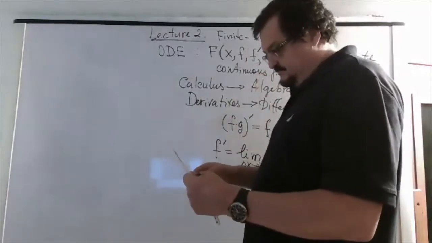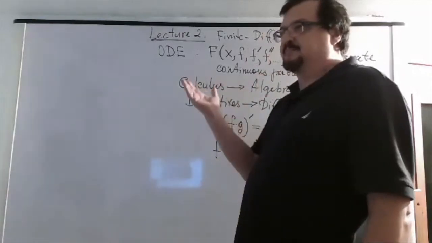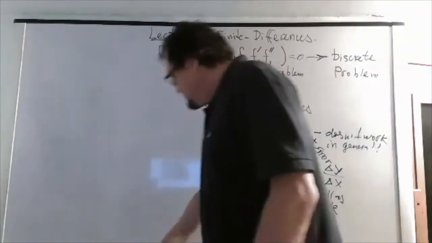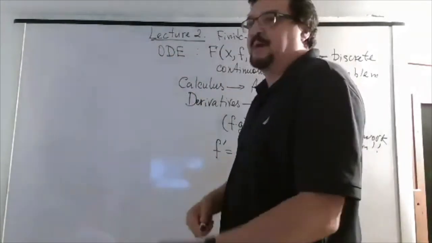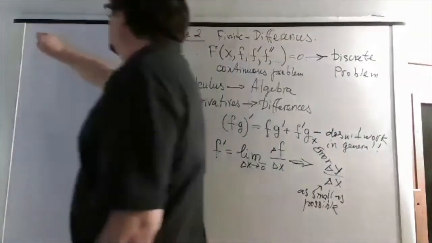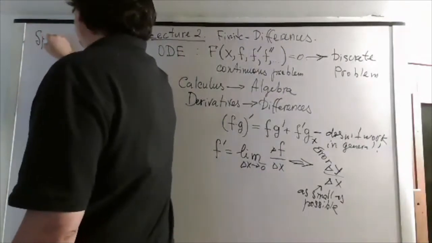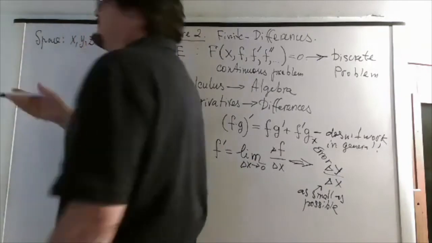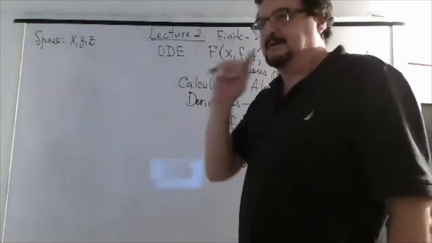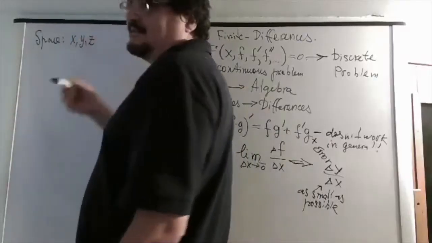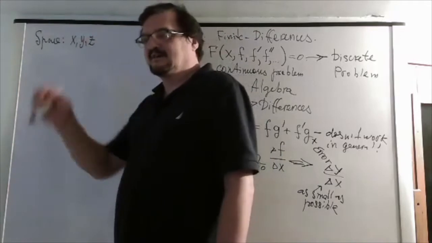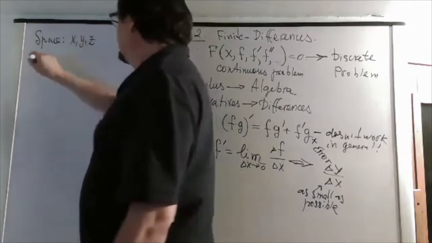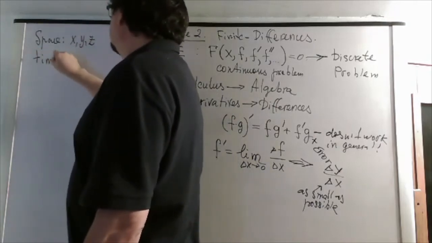Next we're going to use some expressions, and we need some conventions. So usually the grid in space is defined. For space, usually the variables that are used are x, y, z, for obvious reasons. And for time, we usually use the variable t.